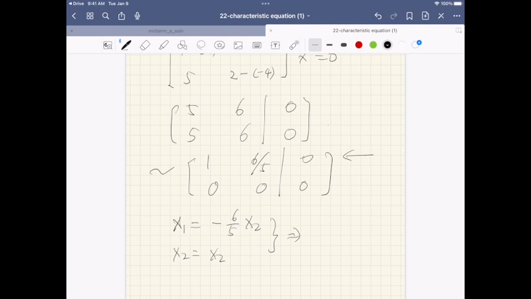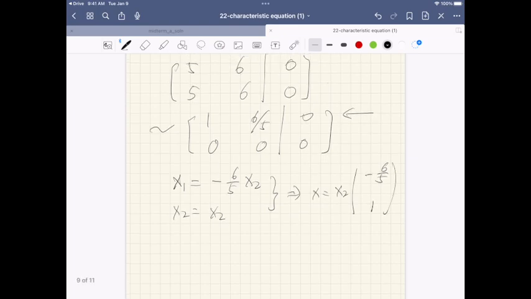From now we can write the PBF, and the eigenspace of lambda 2, which is given by -4, is the span of (-6 over 5, 1).